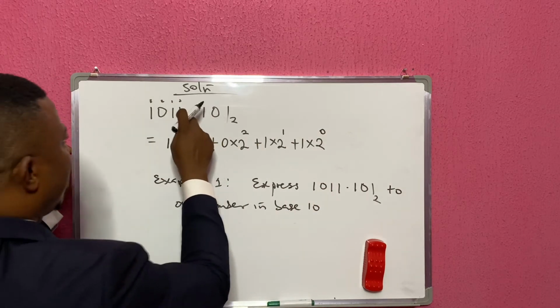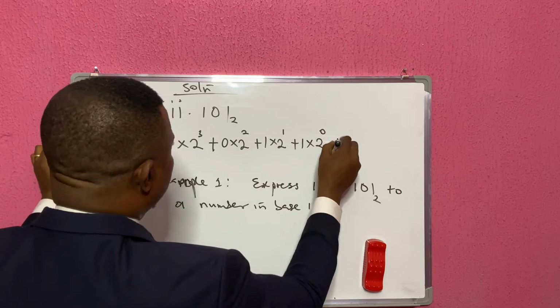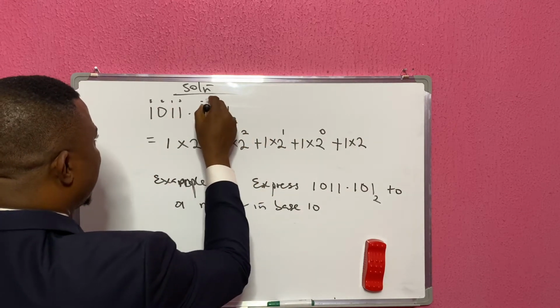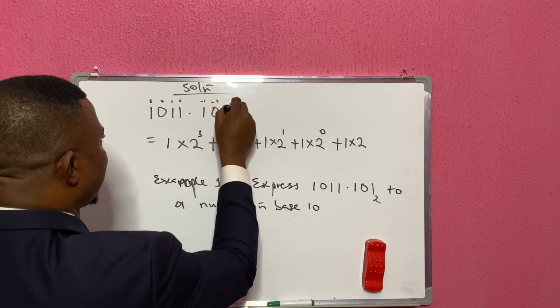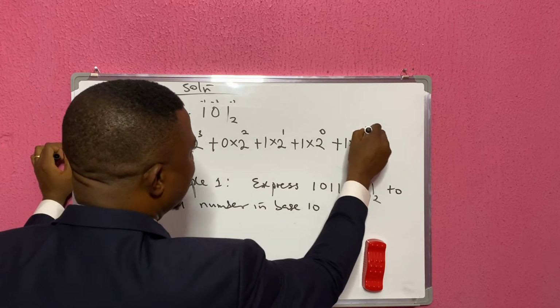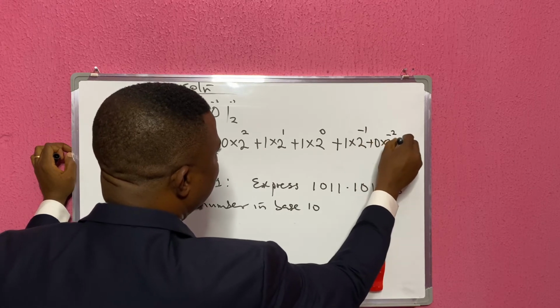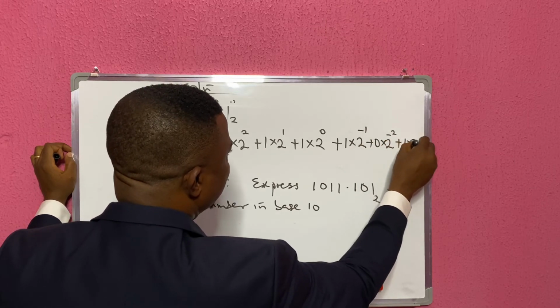That's all this. This dot now, you put plus. 1 times 2 to the -1, plus 0 times 2 to the -2, plus 1 times 2 to the -3.